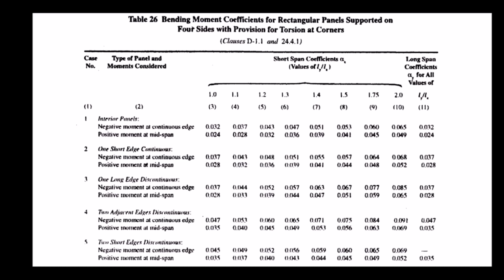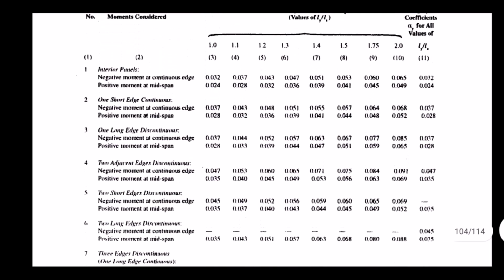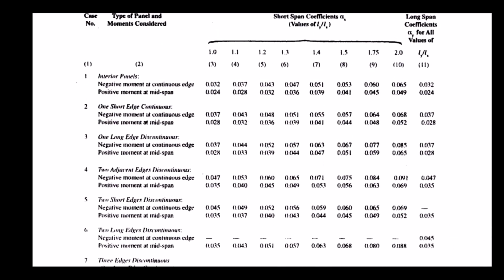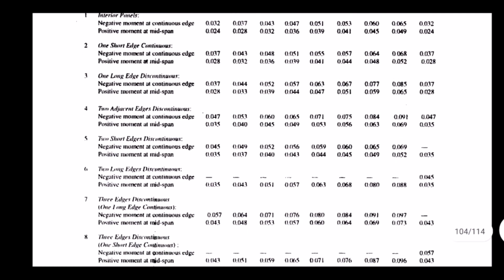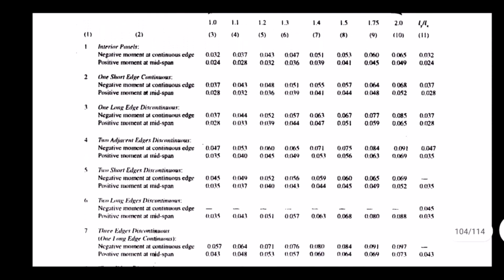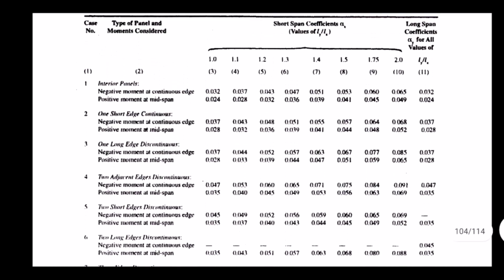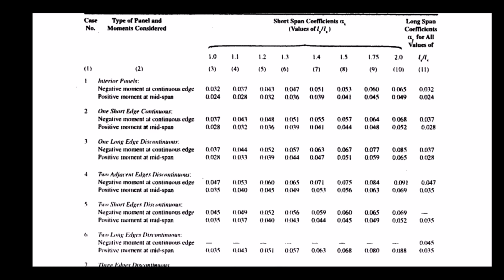So these values are given for these support conditions. There are many support conditions like interior panels, one short edge discontinuous, one long edge discontinuous, two adjacent edges discontinuous, two short edges discontinuous, two long edges discontinuous, 3 edges discontinuous, 4 edges discontinuous, etc. If any condition among these is directly or indirectly given in the question, we will go through these values depending upon the Ly by Lx value.